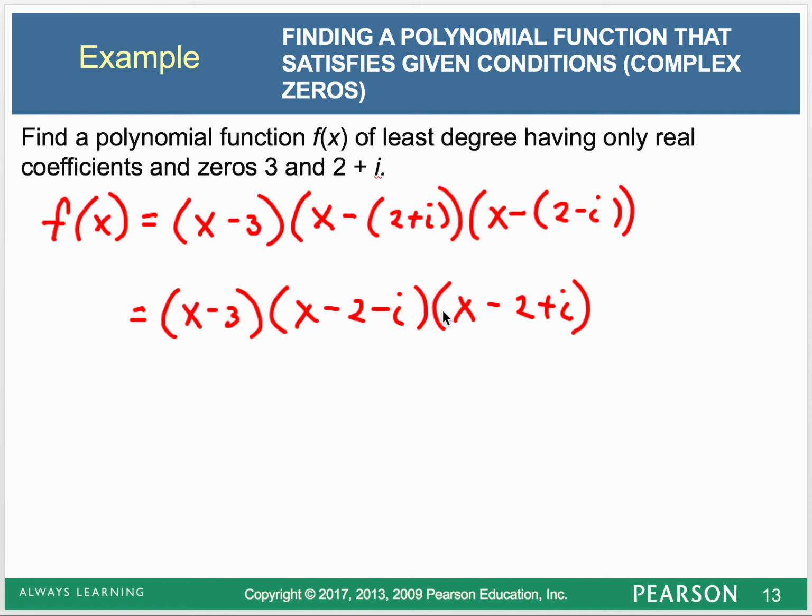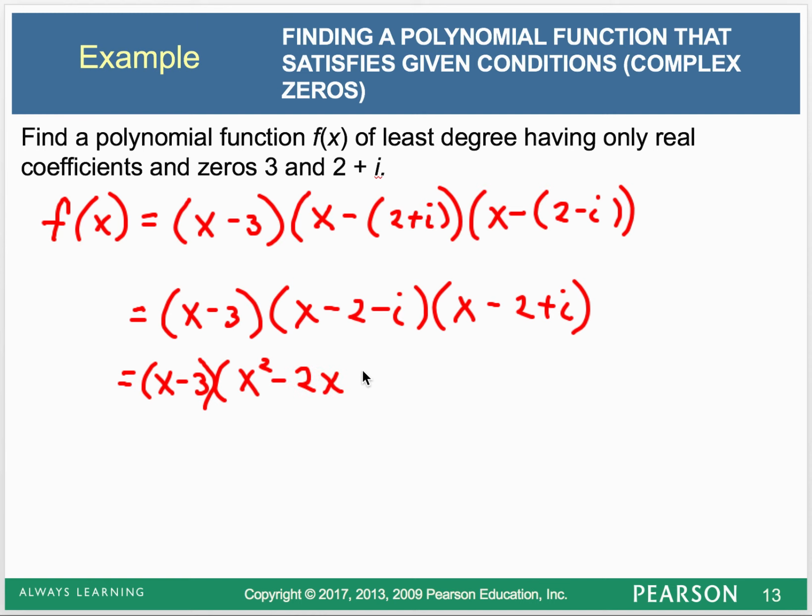Now, just to help us with this, I'll multiply that out for us, just so you can see it. If you don't need to see it, good, all the better. Okay, so it's just doing your distributive property. X times x, x squared. X times negative 2, negative 2x.